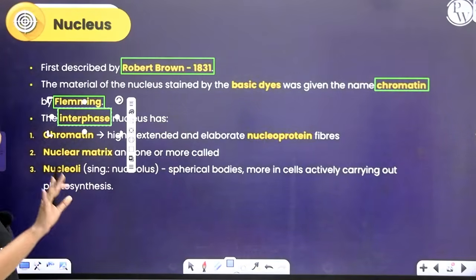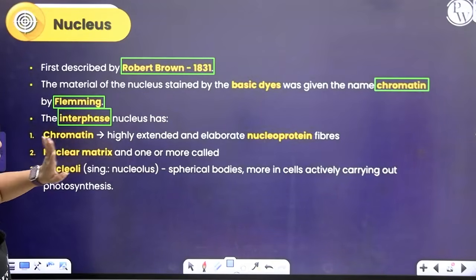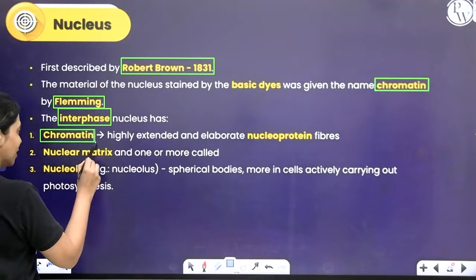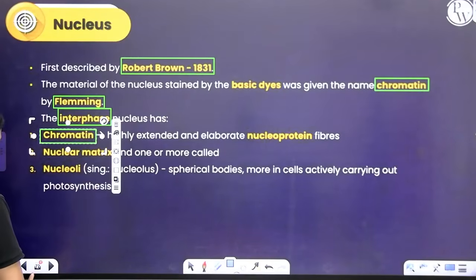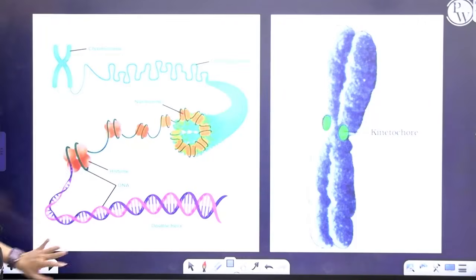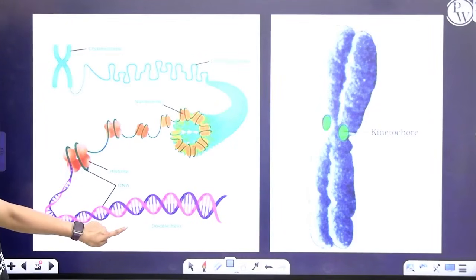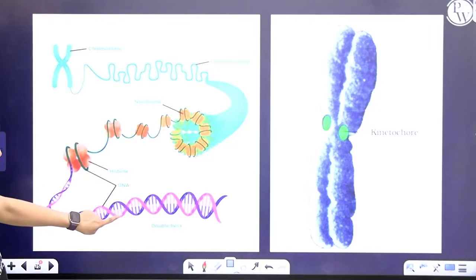When the cell is not dividing, when it is in interphase, inside the nucleus you can find something called chromatin. Chromatin is nothing but DNA arranged like this. DNA normally is not like this. You know DNA like this, right? So DNA doesn't exist like this inside the nucleus.